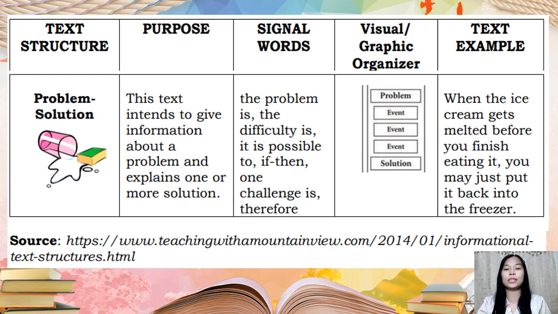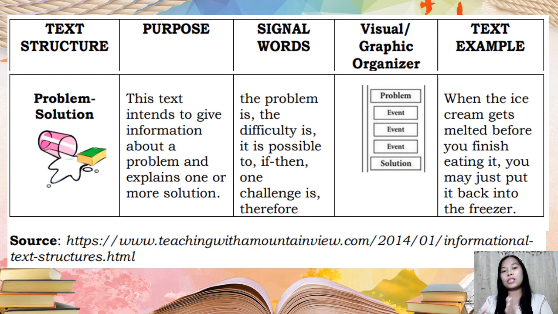Now, a text example using problem solution text structure. When the ice cream gets melted before you finish eating it, you may just put it back into the freezer. So the first clause, when the ice cream gets melted before you finish eating it, is the problem in this text.